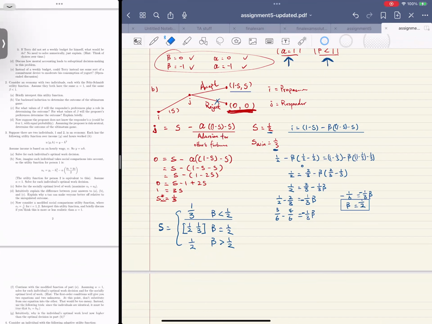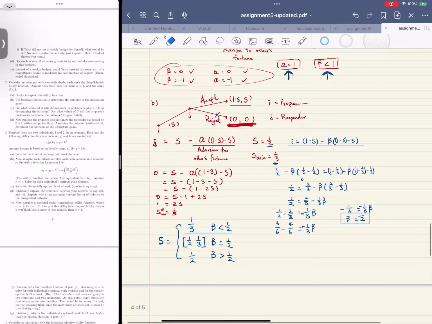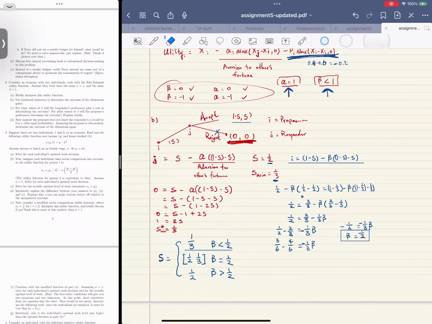On the backward induction, we go all the way from this point, comparing the responder's utility to get S min.